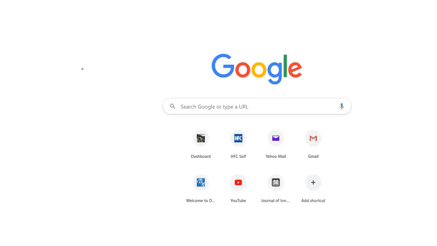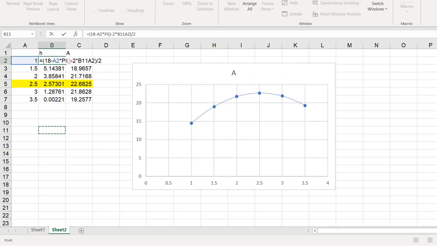Now I have the equation for the area. In the equation for the area, I just use the equation for the area.